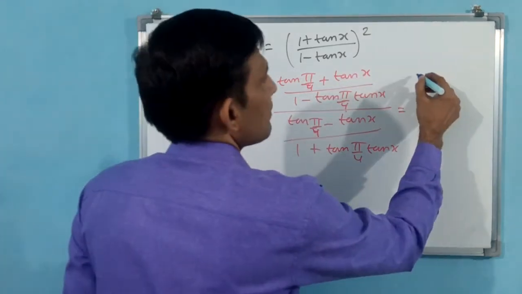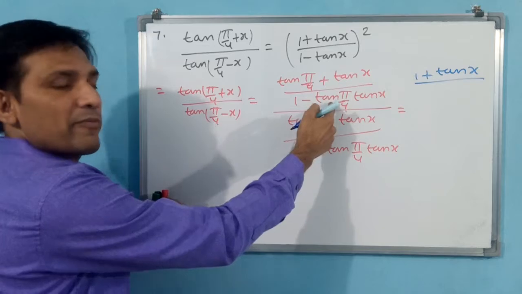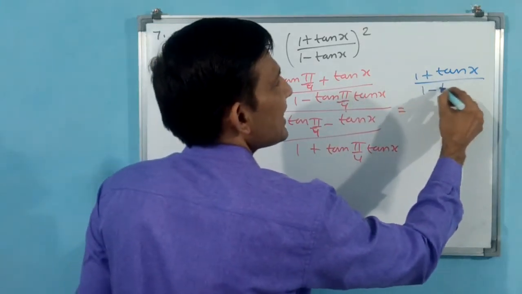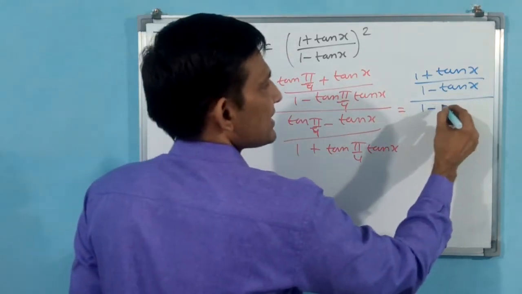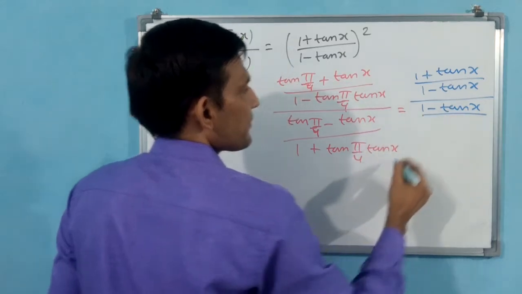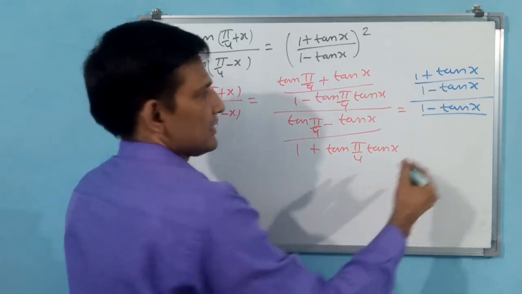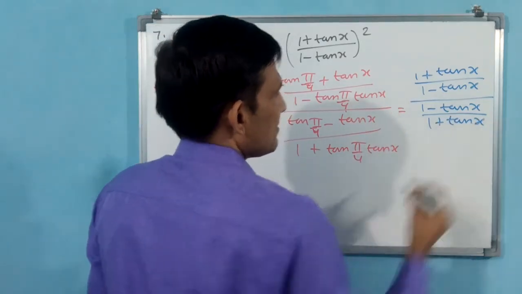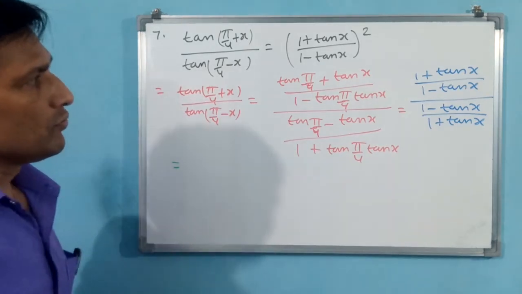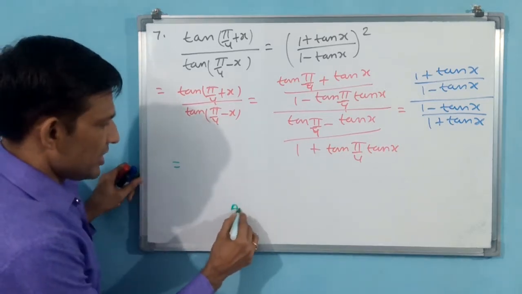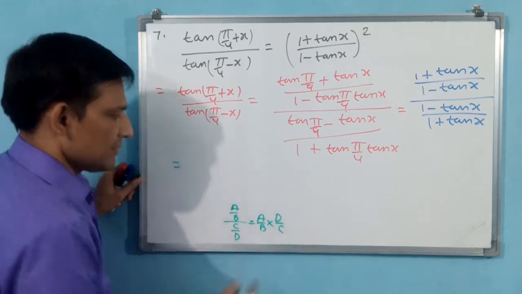So 1 plus tan x by 1 minus tan x, divided by 1 minus tan x by 1 plus tan x. Why? Because tan pi by 4 is 1, and 1 into tan x is tan x. Now you see, we can write like this: a by b divided by c by d is equal to a by b into d by c.